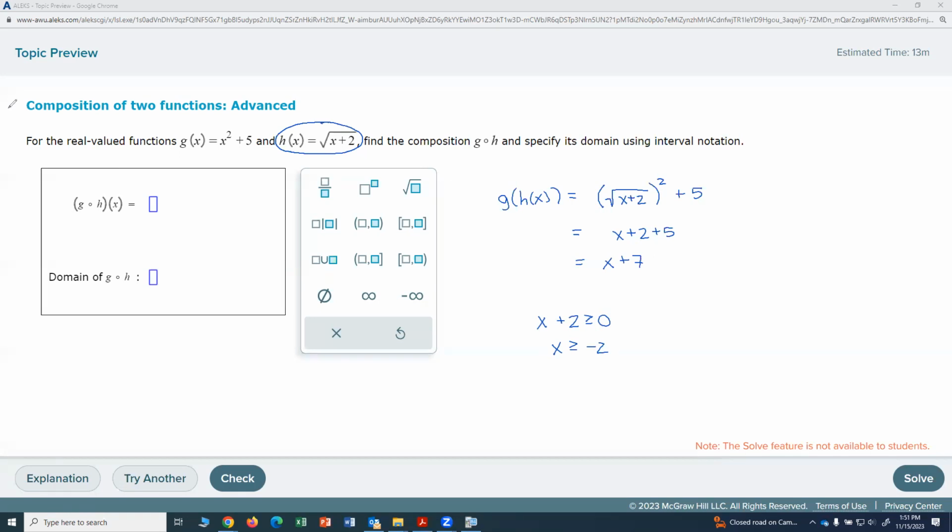Even though my composition function came out as a line, which should have a domain of all real numbers, I'm restricted by the function that's getting plugged in to g. So I would have x plus 7, and then, including the negative 2, I would do a bracket negative 2 to infinity.